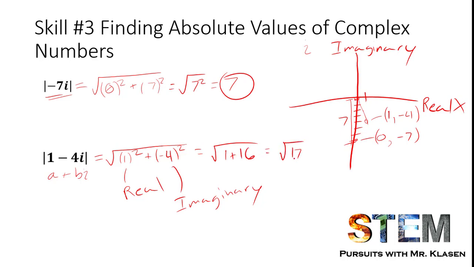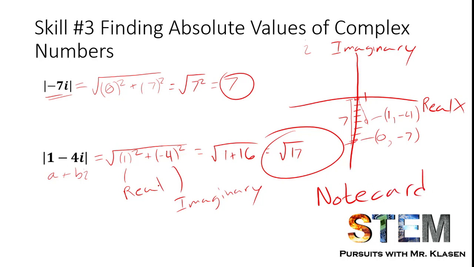And this will get us an absolute value for 1 minus 4i of the square root of 17. So whenever you approach these problems, I would write these down on a note card as far as the format, all right? Maybe even include an example, because this is something that I find students forget. It isn't something that we spend a lot of time on, but it's something that I do want you to know and be able to calculate in terms of absolute values of complex numbers.